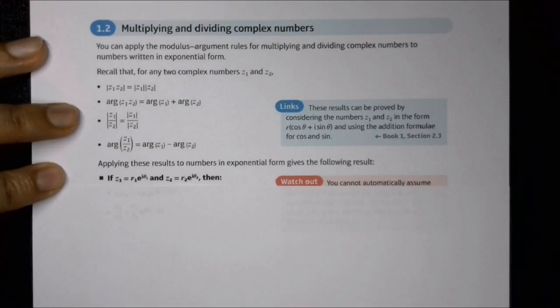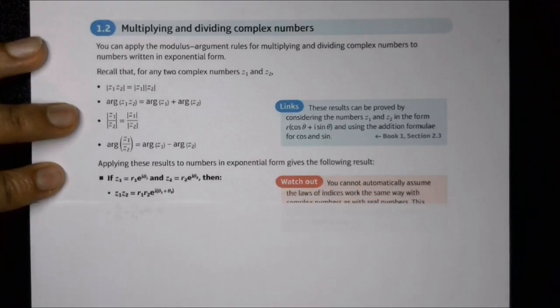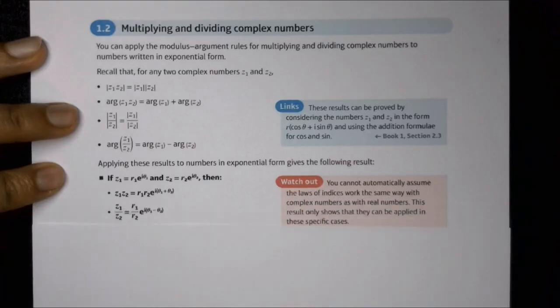equaling r2 times e to the i theta 2, then z1 times z2 is going to equal r1 times r2 times e to the i lots of theta 1 plus theta 2, and if we have z1 divided by z2, then that's the same as r1 divided by r2 multiplied by e to the i lots of theta 1 minus theta 2.